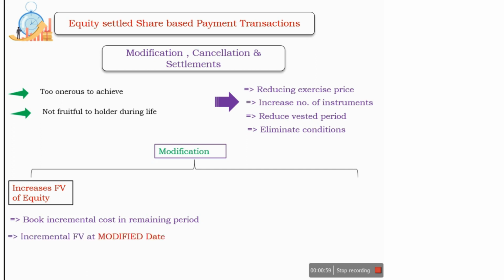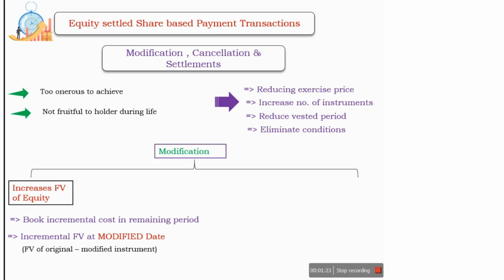And incremental cost will be measured at incremental fair value at the modified date. And incremental fair value will be calculated by reducing the modified instrument fair value from the original fair value of the instrument.